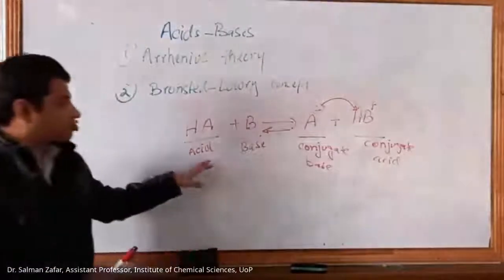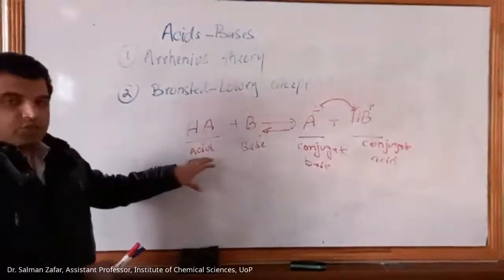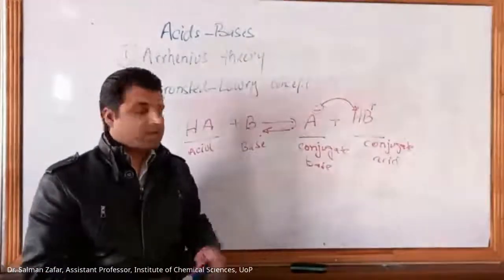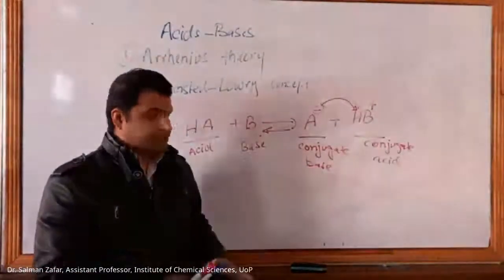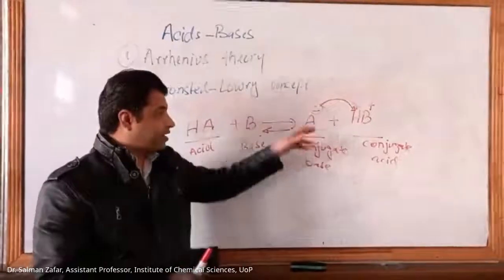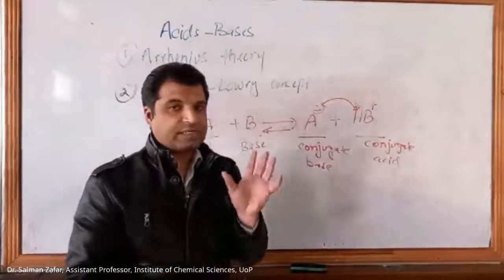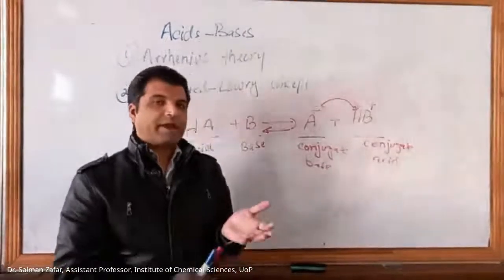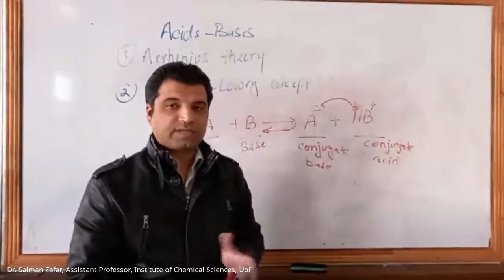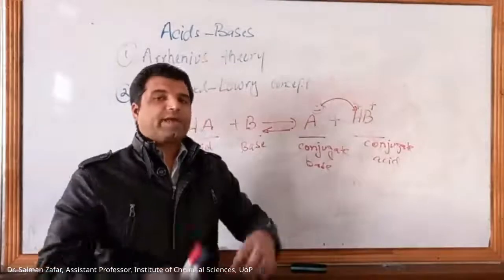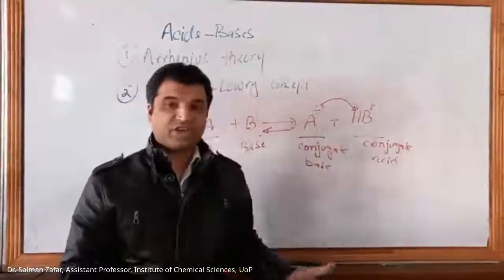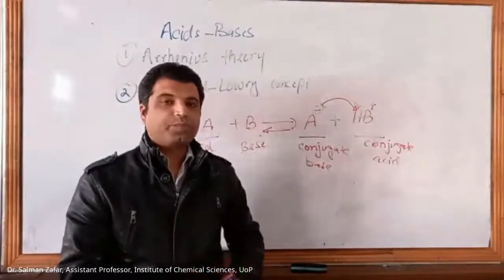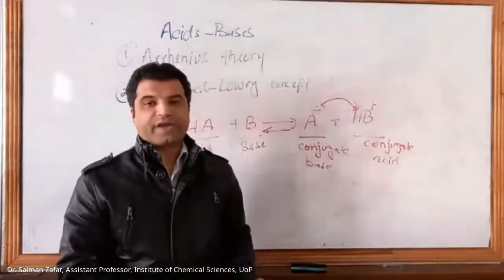So if we have a strong acid, it will happily donate a hydrogen ion to form this conjugate base A minus. Now this conjugate base or the anion that is produced is relatively stable. In other words, you can say that it might have a lower charge density. So it can accommodate this negative charge to some extent. And that is why it would not be very highly reactive.